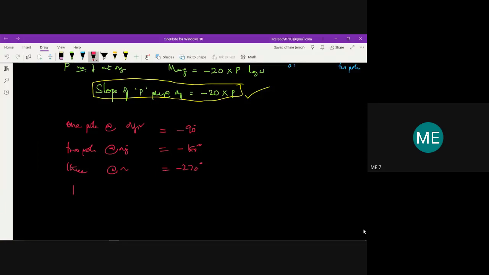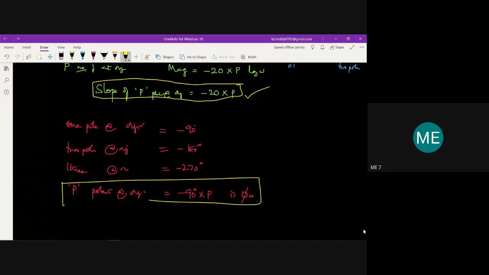So it means that if there are P number of poles at origin, we'll be getting minus 90 degrees into P as the phase angle. So here, this is the generalized form for poles at origin.